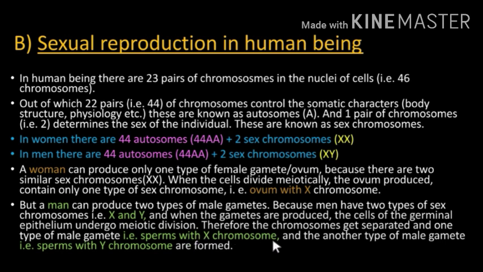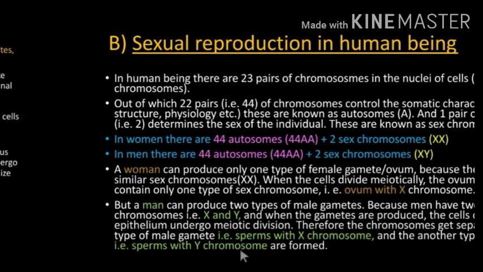Therefore, one type of male gamete is sperms with X chromosome and another type is sperms with Y chromosome. Such two types of gametes are formed in the case of the man.